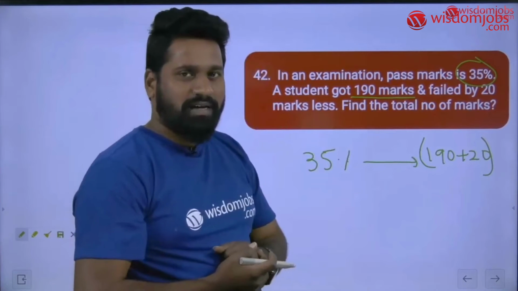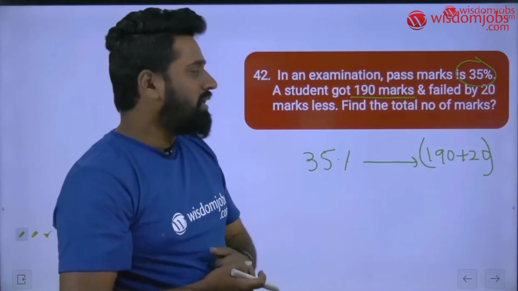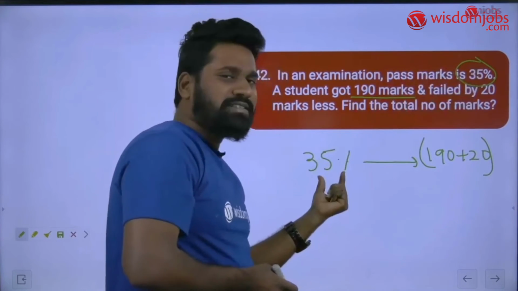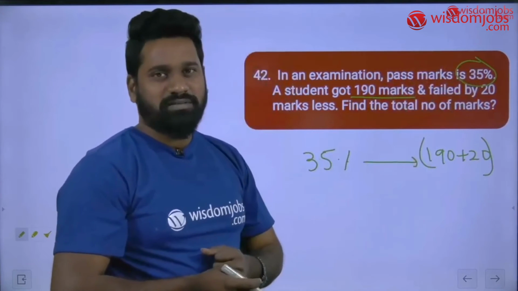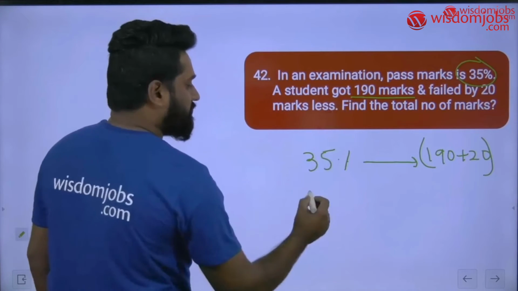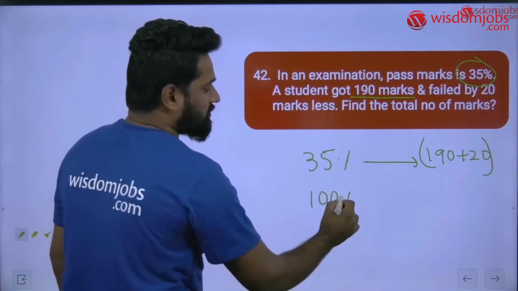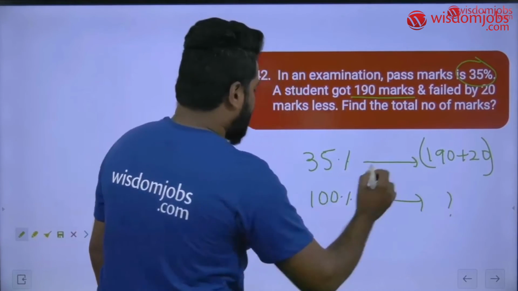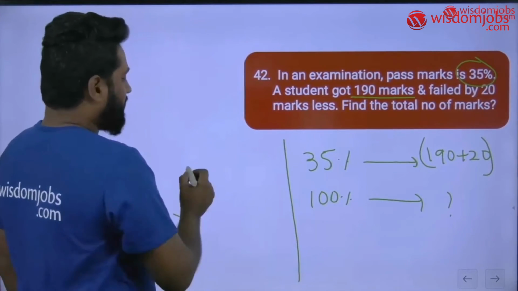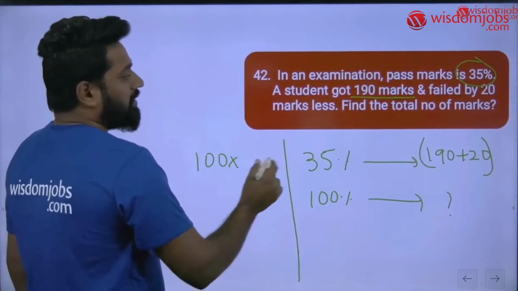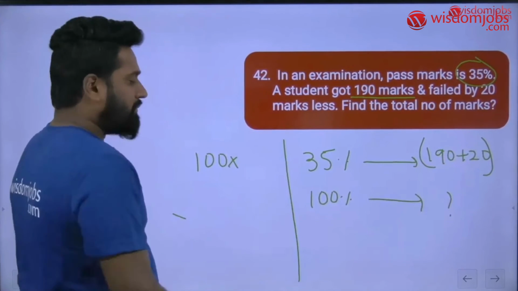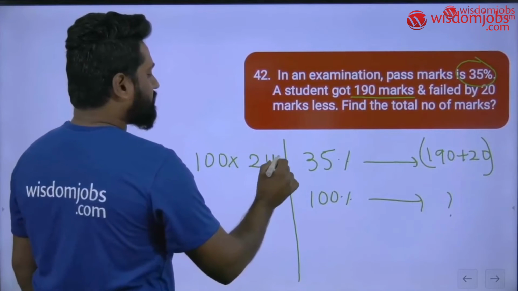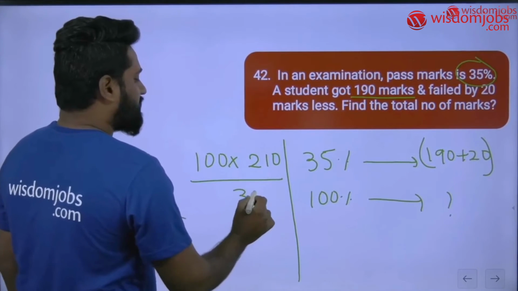Very important, this model, because it is a very simple question. This is the pass percentage and these are the pass marks. That's it. Now you have to find for 100%, the total marks. So if you observe here, we can cross multiply, 100 into 190 plus 20. It becomes 210 divided by 35.